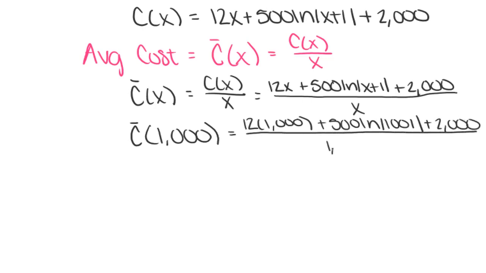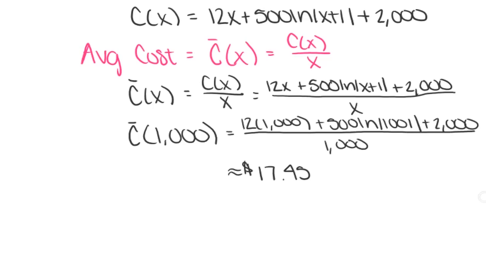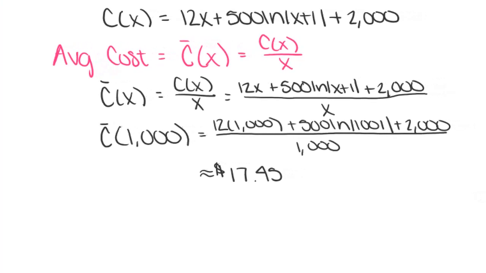All over 1,000. So when you plug that in, you should get about 17.45 as your average cost if 1,000 pairs of shoes are produced. Okay, so I hope that clears up any question you guys might have had over that problem. Okay, but if not, please email me.